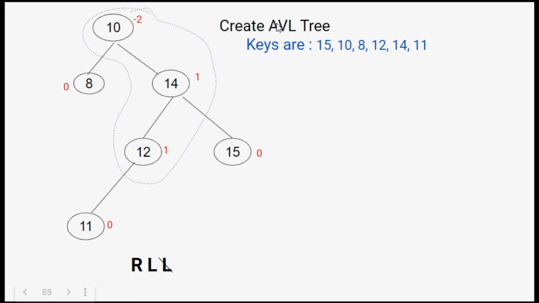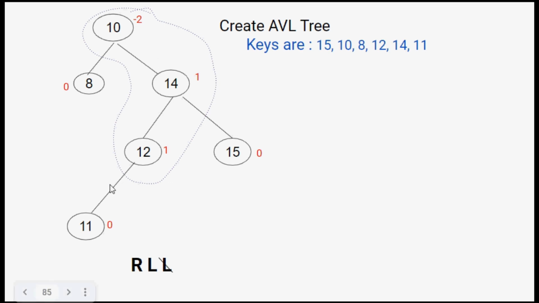So we are going to consider only these three nodes. As I have already told you, in a binary search tree, at most we work with three nodes. So we are going to work on the three nodes itself, and automatically the balance factor of the other nodes will also change.